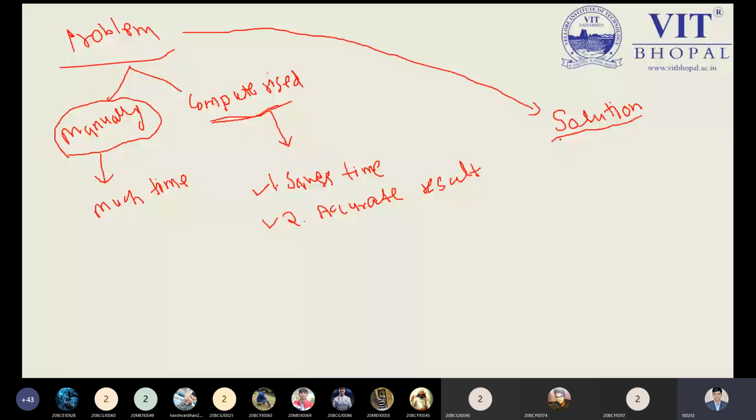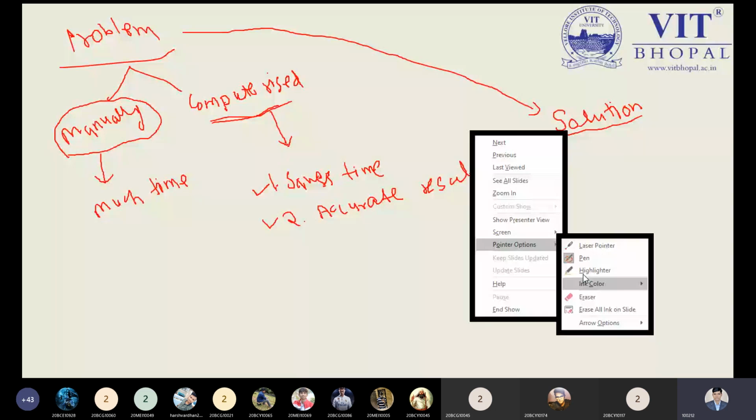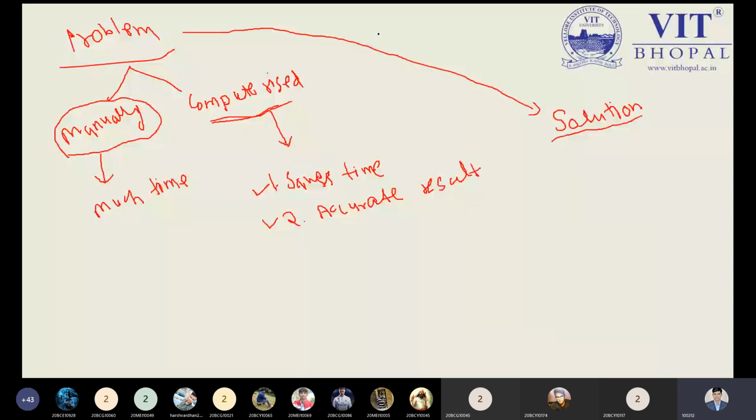So a problem can be solved by some idea, and I can write it over here so you can understand. This idea is used to implement the solution, and this idea will transform into our solution.